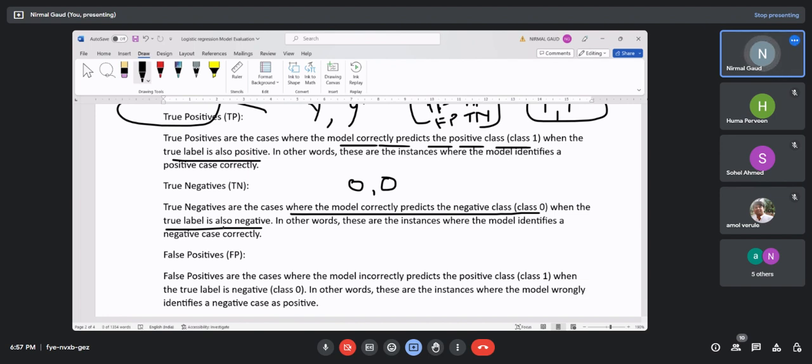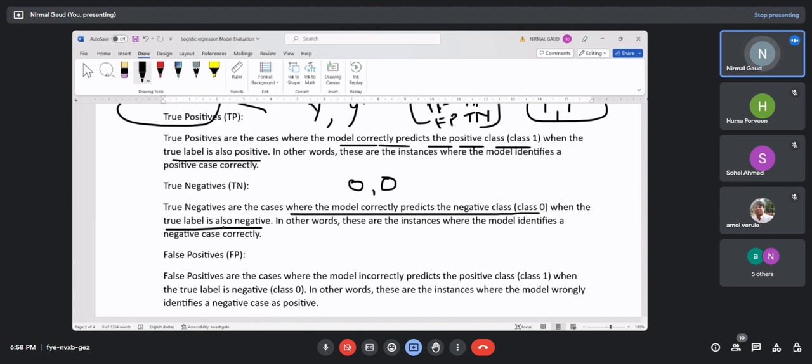True negatives are the case where the model correctly predicted the negative class. If it is 0, then the model gave it as 0. So we have classes now, class A and class B. True positive means positively correct calculated values, and true negative means negatively correct values.